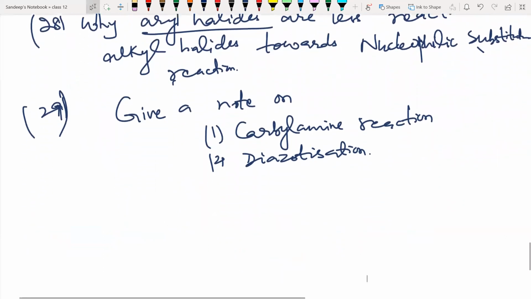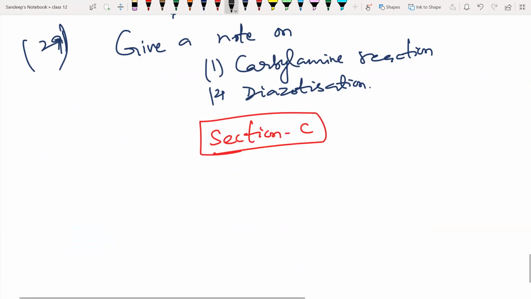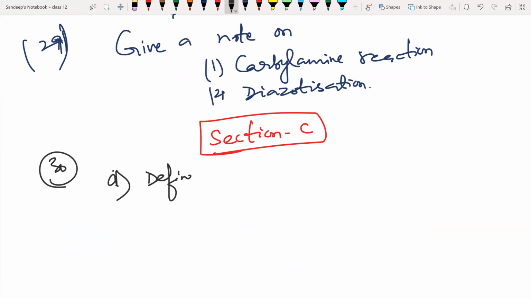Now we are going to Section C, which is very, very important. The LAQs, the long answer types. Section C. I'm giving some extra questions so that you will prepare it very well. Now question number 30. Define molarity, normality, mole fraction.